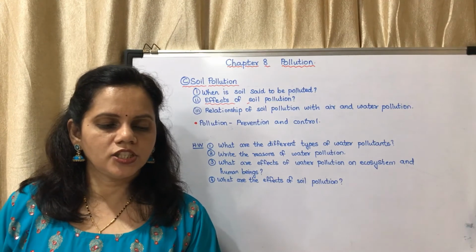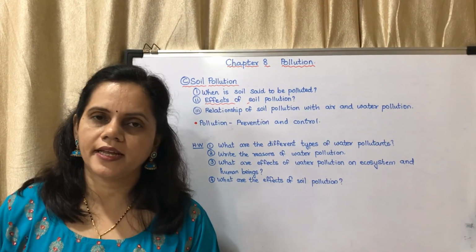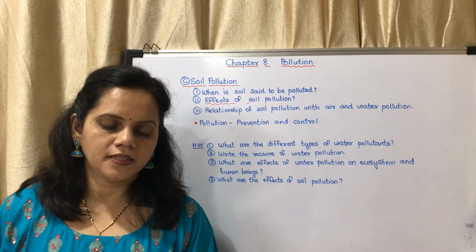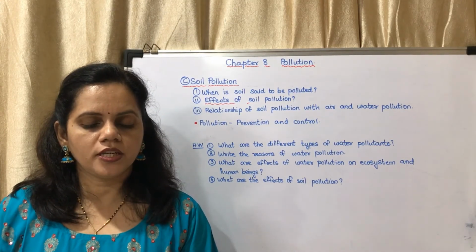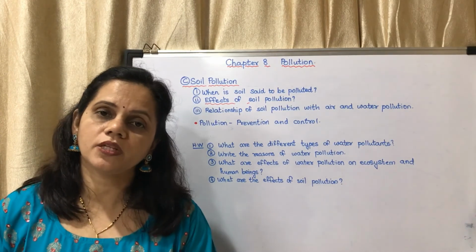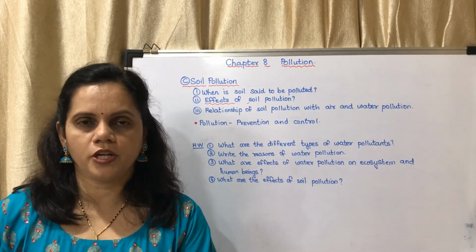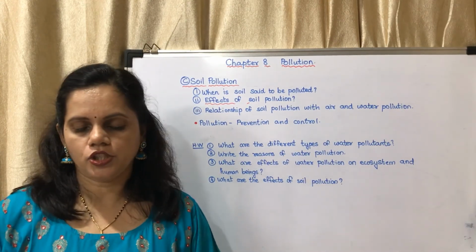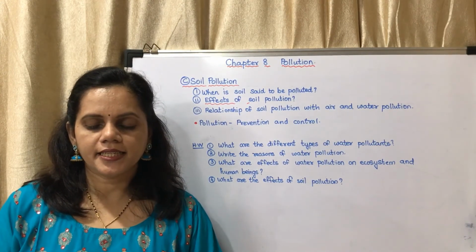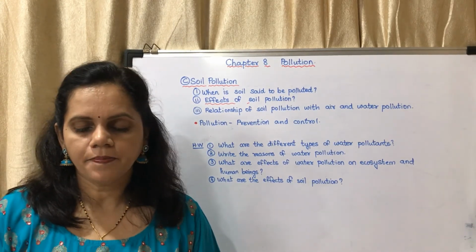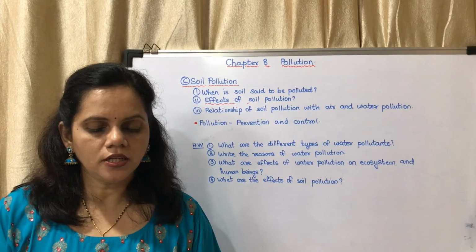Next, relationship of soil pollution with air and water pollution. If wet waste is dumped at wrong places, instead of composting, pathogens grow upon it, which are then mixed with water, causing water pollution. So from soil there is water pollution. Insecticides, chemical fertilizers, weedicides are used in agriculture, which causes soil pollution.